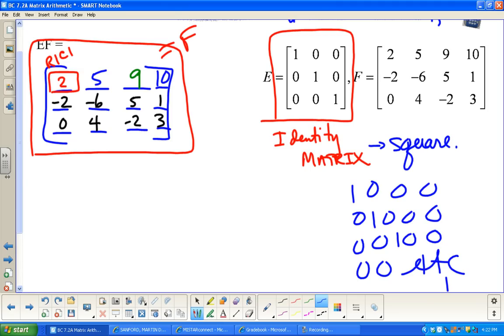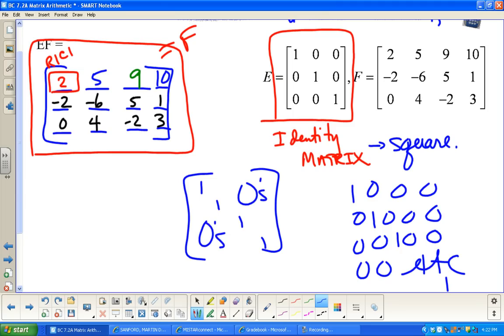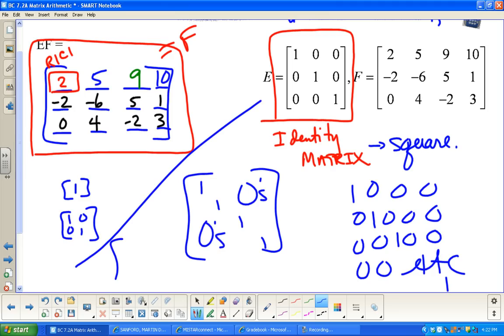Etc. Okay, so again, the position is going to look like ones along this way, and then you got zeros and zeros. Okay, so you can have a 1 by 1 identity matrix. You can have a 2 by 2 identity matrix. 3 by 3 identity matrix is there.